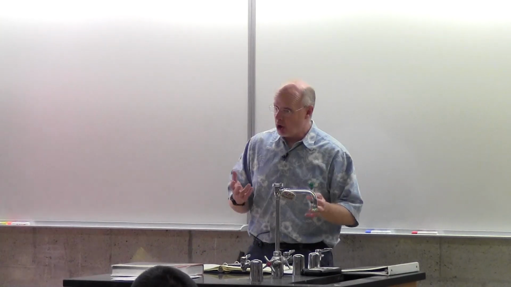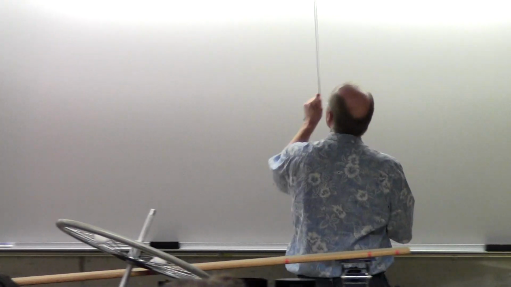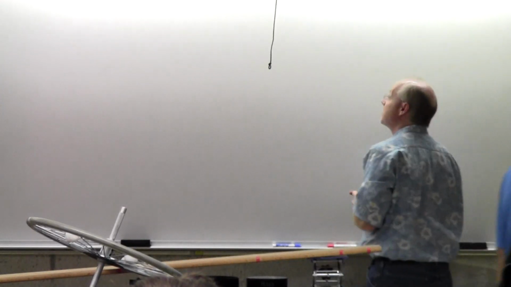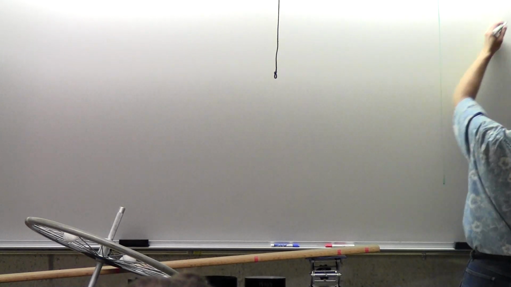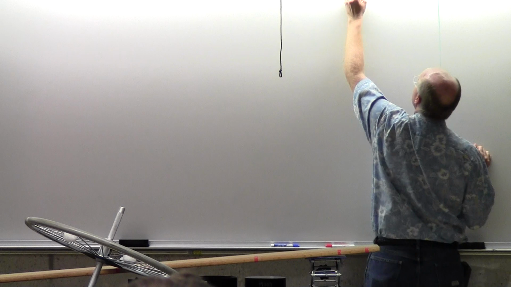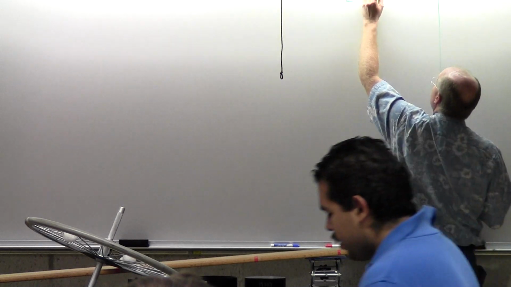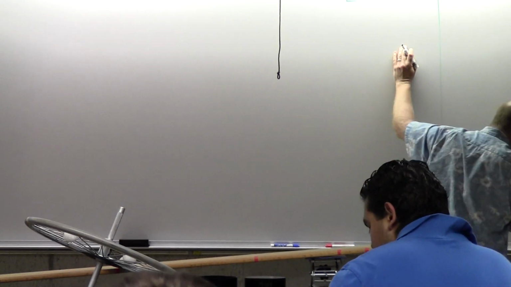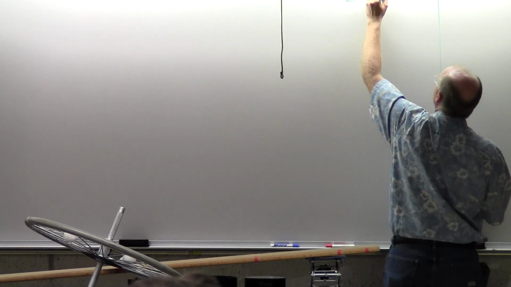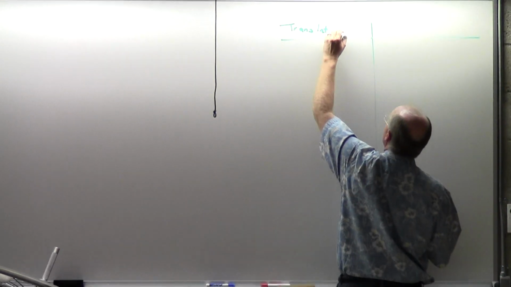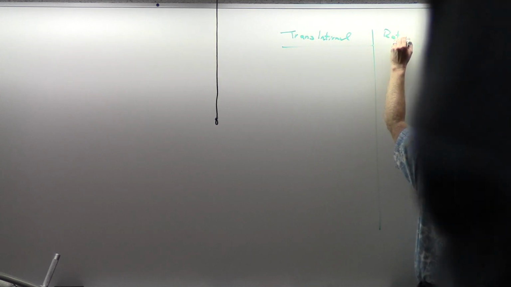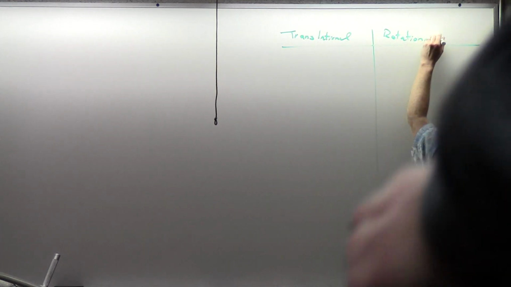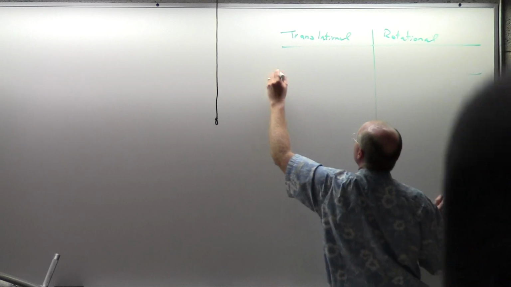Now, if you recall, and maybe I should put the little chart over here again, this whole chapter, I think, is best learned if you always think about what did we do for our translational motion, and what are we doing now with our rotational motion.